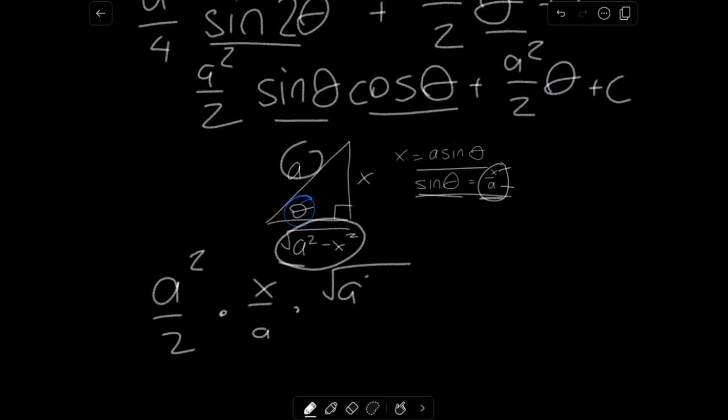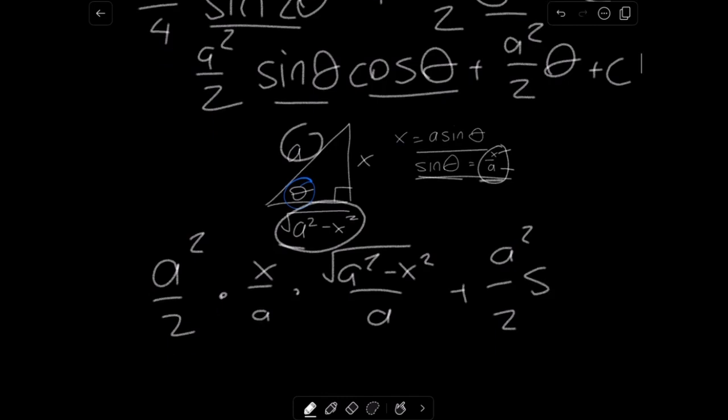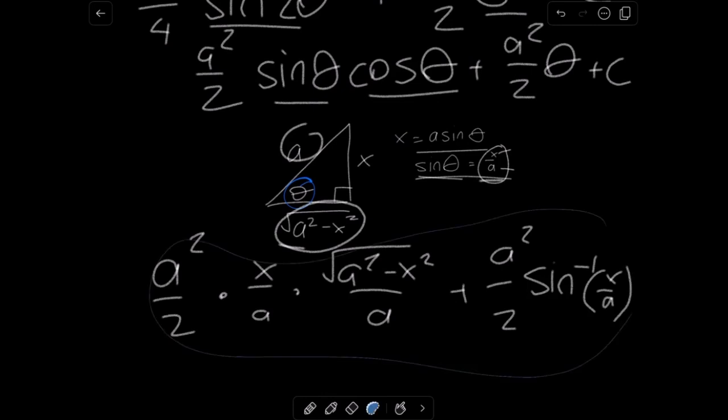So that is going to be a squared minus x squared over a, and then plus a squared over 2, and for theta we had arc sine of x over a, and then plus c at the end.